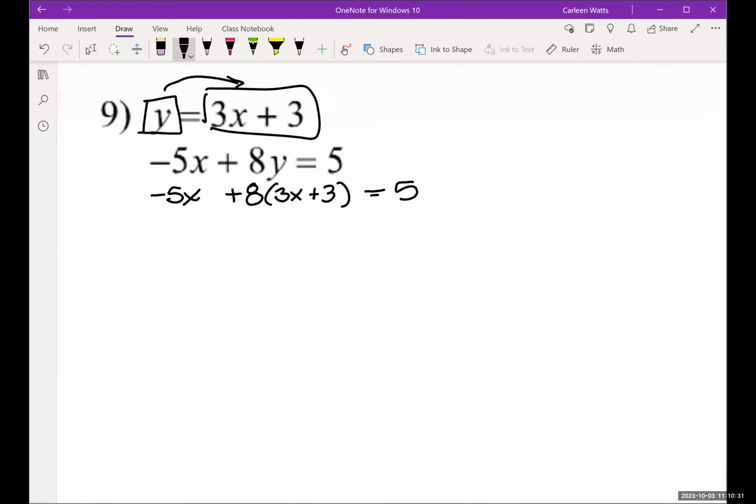Substitution. Y comes out, 3x plus 3 goes in. With parentheses, if there's more than one term, you are going to have to distribute. Okay. Distribute the 8.